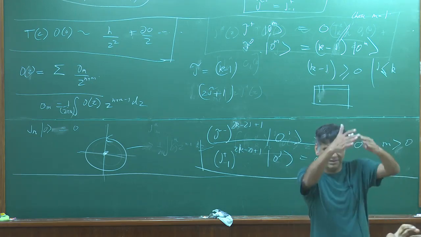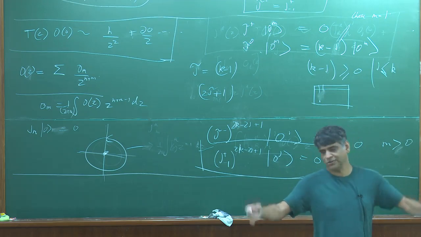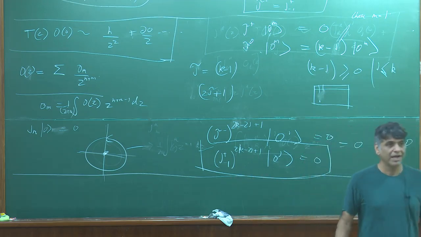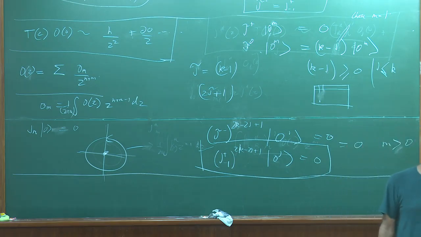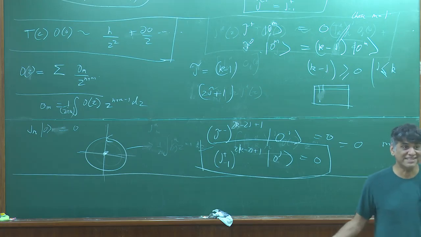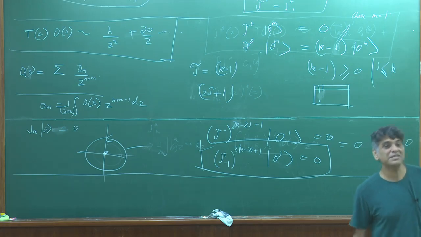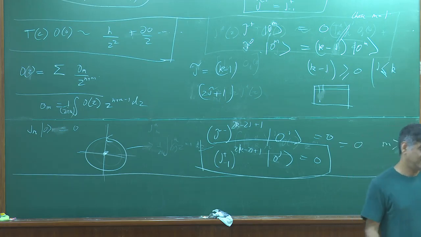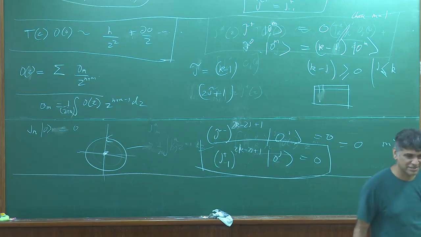Each highest weight labels a representation, and you could have two different spin j representations. Actually, in some sense, this is even better than SU2, because in SU2 the number of representations is infinite. Here, the number of representations is finite. Amazing, right? We've made a much bigger algebra, and then you get fewer representations.